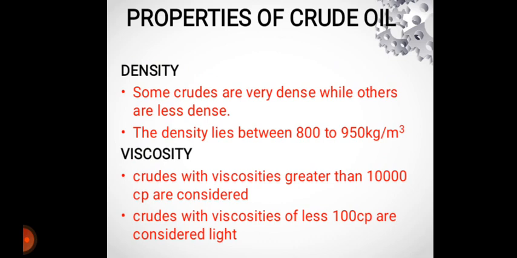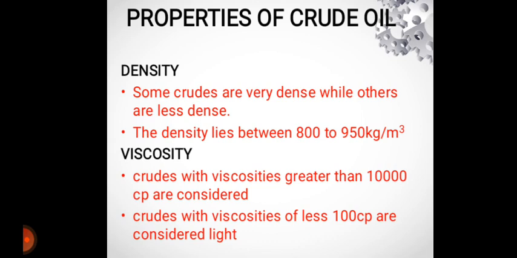Then we also look at viscosity. Viscosity is the ease with which a liquid can be poured. A liquid that is easily poured is said to be light, while a liquid that is difficult to pour is said to be thick.